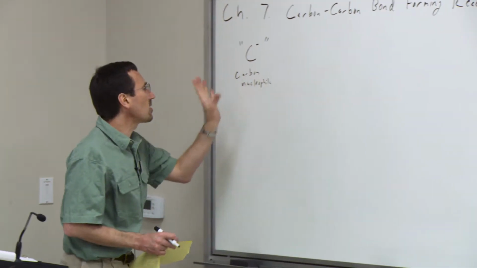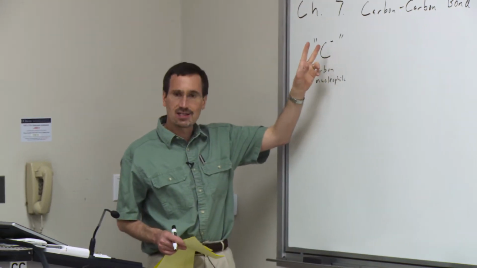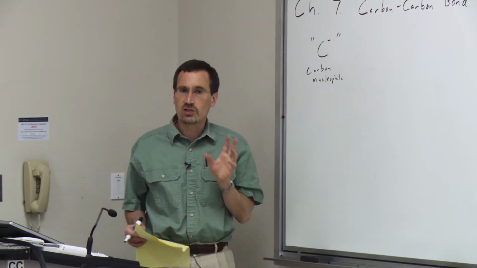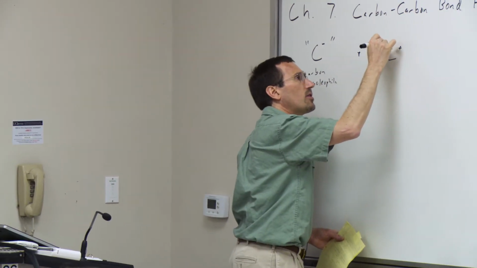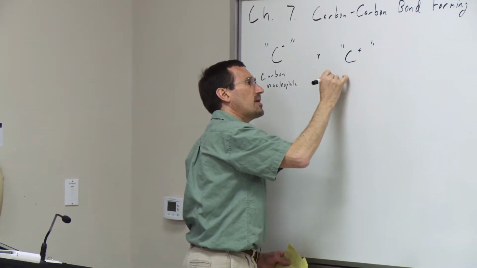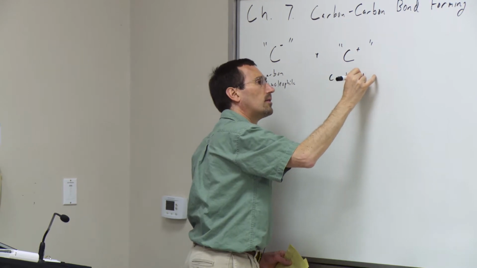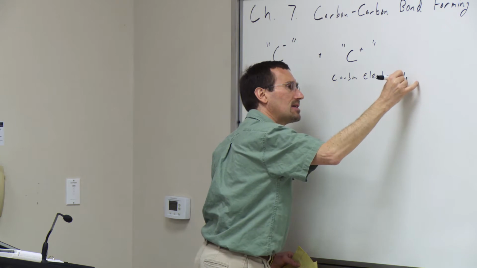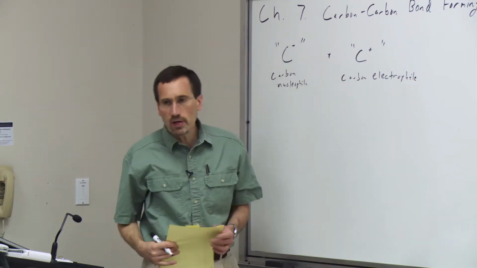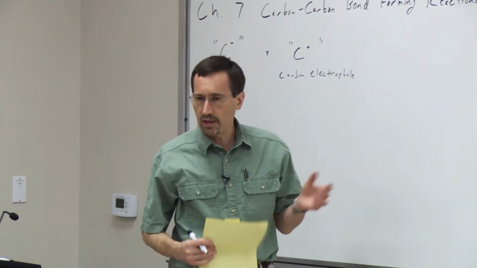So when I'm writing a carbon nucleophile like this, this is a shorthand for something that is like a carbanion, for example, an enolate. And in turn, reaction with a carbon electrophile, which I will shorthand as C+. Now, you do get carbocations in organic chemistry.